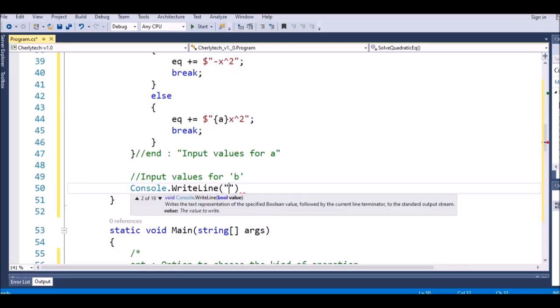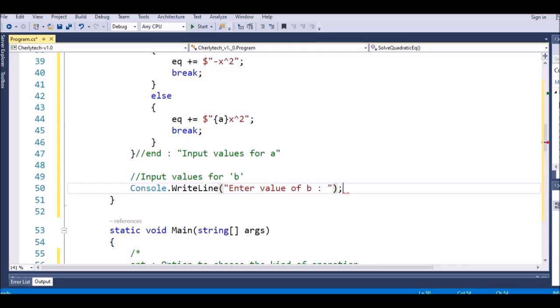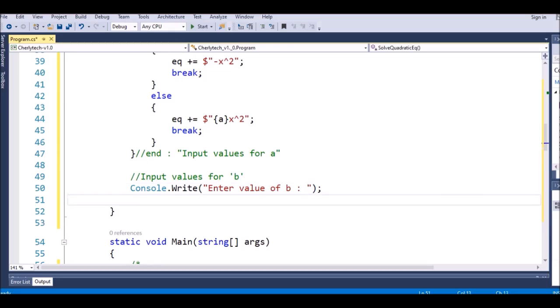And we just say, enter value of B. I don't want to enter a new line, so minus this one. After that, we have to declare the variable to get the value.